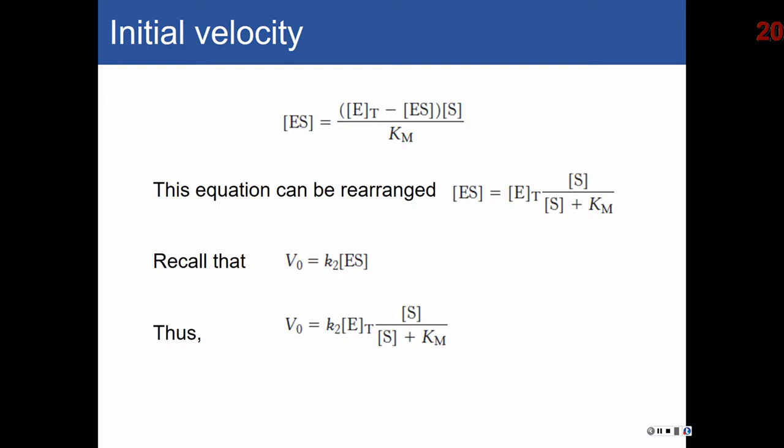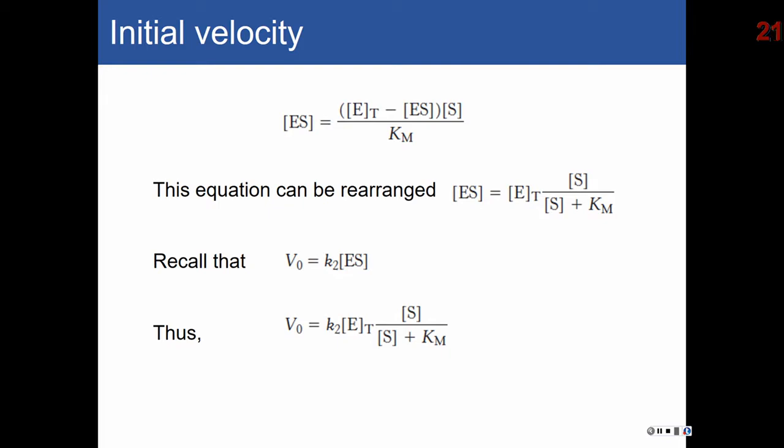So when we rearrange this equation, we end up seeing that our enzyme substrate complex is equal to our total amount of enzyme that is added to the entire reaction times the concentration of the substrate divided by the concentration of the substrate plus Km.